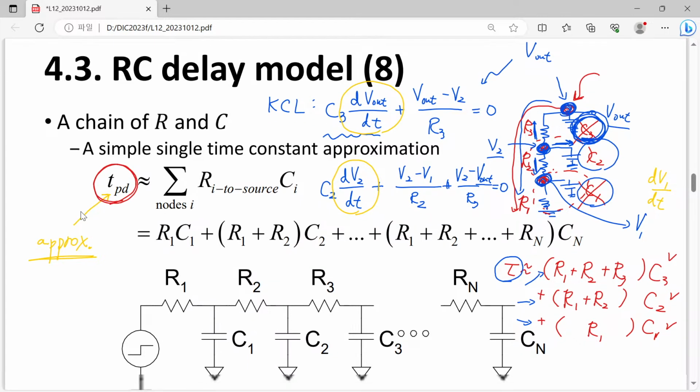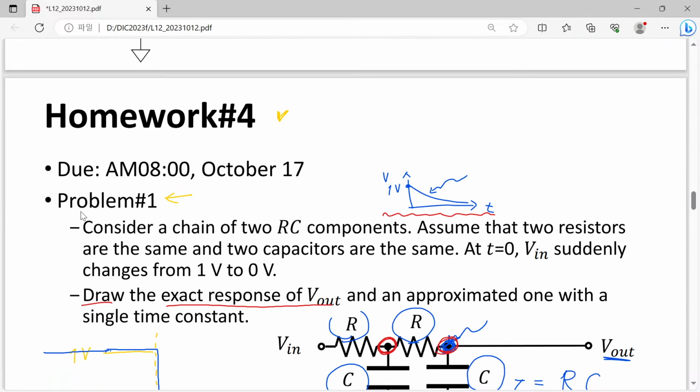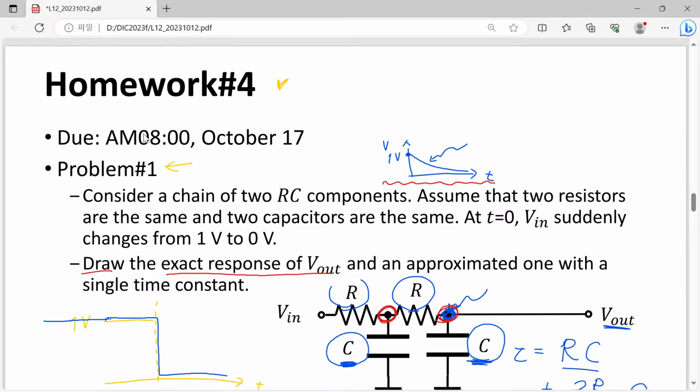However, from this homework number 4, please understand that although this is not an exact approach, it is quite an acceptable approach. So that's the reason why we do this homework number 4.